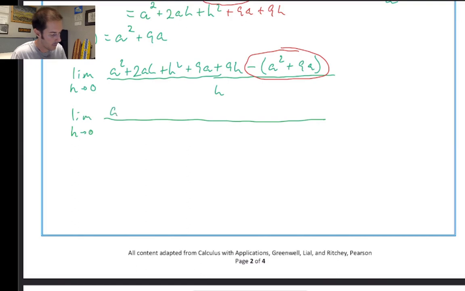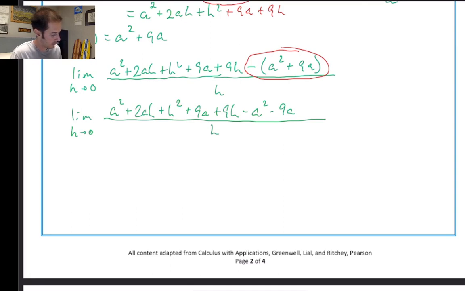In my numerator, a squared plus 2ah. I won't read it out loud. You can just write it down. Make sure you distribute that minus sign to both of the terms in the parentheses up there. Still all divided by h.